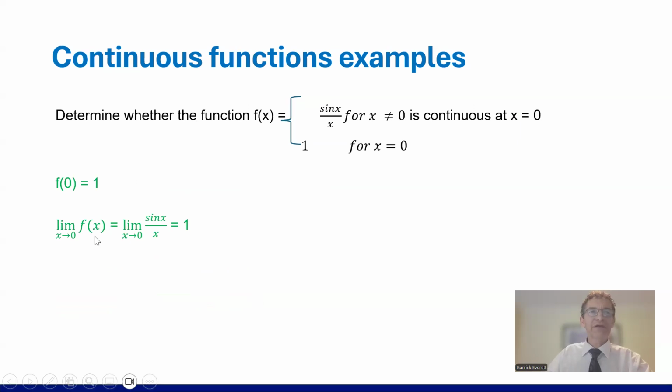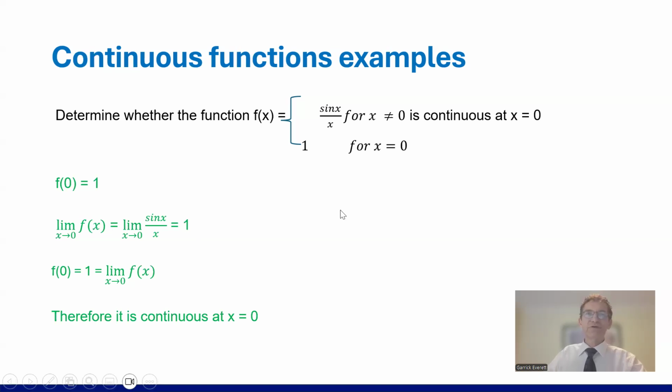And the limit of f(x) equals the limit of sin x over x as x approaches 0, and they're both 1, so that's helpful. So f(0) equals 1, which equals the limit as x approaches 0 of f(x), so therefore it's continuous. So that one is, the other two aren't. So there we go. Okay, that's all for this one.